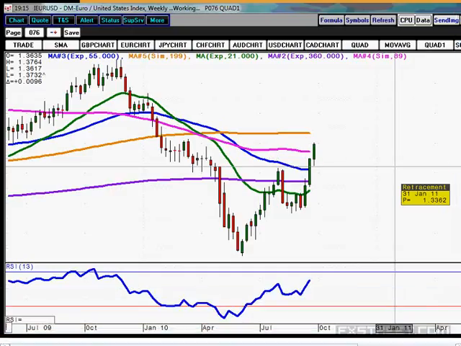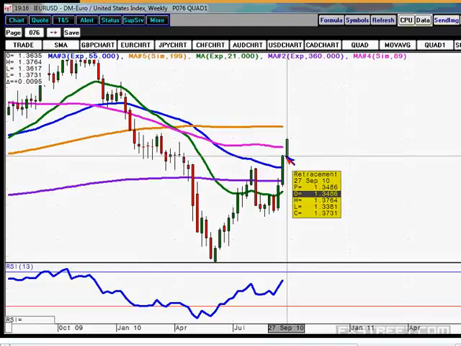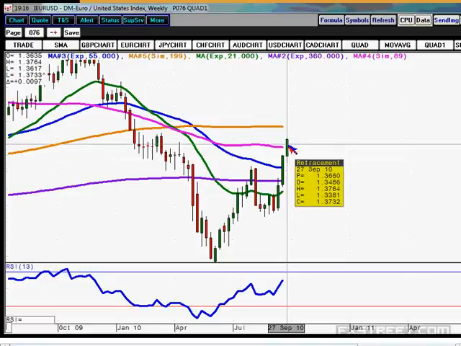If you look at the weekly chart, it is trading well above the open. So if you are bearish or a seller, we have to wait until the market really reverses.